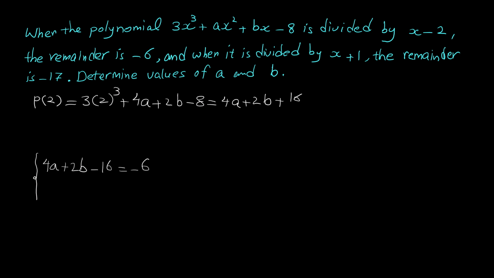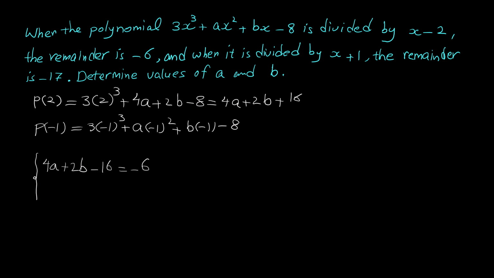Now let's see what the remainder is when we divide by x plus 1. Based on the remainder theorem, we have to find the value of p of negative 1. Plugging in negative 1, we have 3 times negative 1 to the 3, plus a times negative 1 squared, plus b times negative 1, minus 8. Negative 1 cubed is negative 1, times 3 is negative 3.